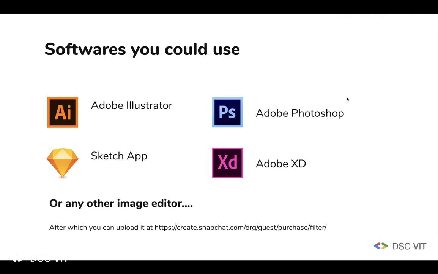Going down the line, you have Sketch, which is also paid but not as expensive as the other two, but that's more of a UI software. The same goes for Adobe XD. That's also a UI UX software, but it's got good capabilities in terms of making an illustration or making icons on it. So today we'll be making two filters, and I'll be covering how to make them. One of them will be icon based, and one will be an illustration.